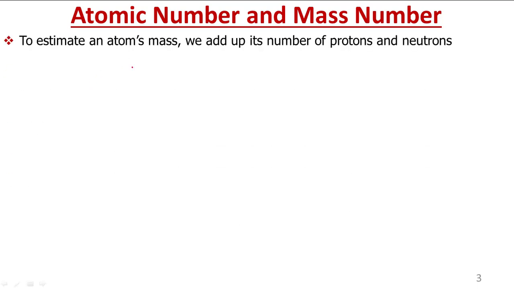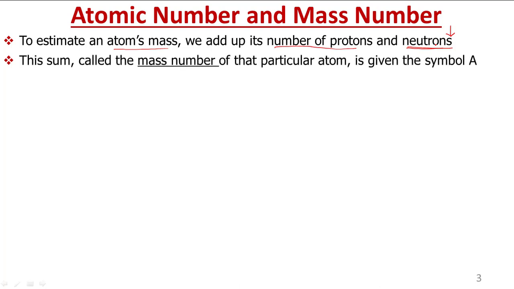Similarly, if we have to estimate the atom's mass, now in an atom, in addition to protons, we also have neutrons in the nucleus of an atom. So if we add the number of protons and neutrons of an atom of an element, then we call this sum the mass number of that particular atom.